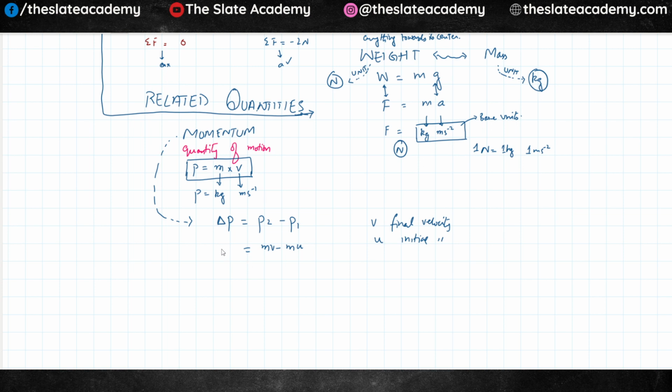I can say delta p is equal to m times v minus u. By the way, this phenomenon of change in momentum is called impulse. The change of momentum of a body is called impulse.